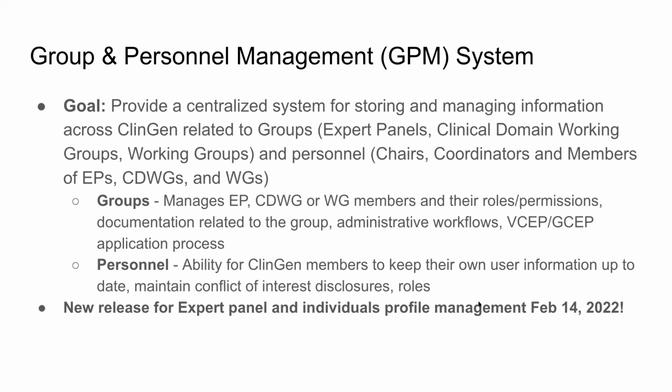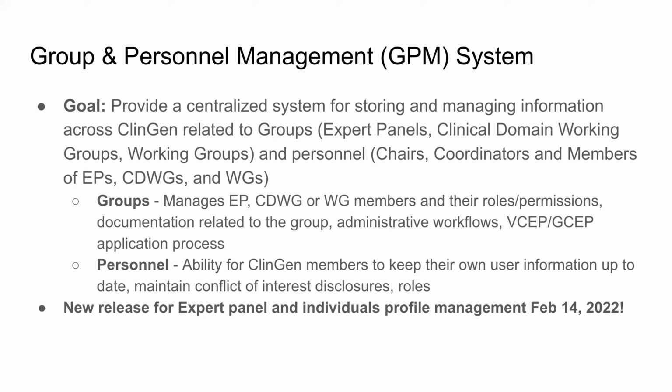I just want to give a little bit of background to start. The goal of the group and personnel management system was really to provide a centralized system for storing and managing information across ClinGen and its groups. As you all may be well aware, we are somewhere around 2,000 individuals that are part of ClinGen now, and we are growing day by day.